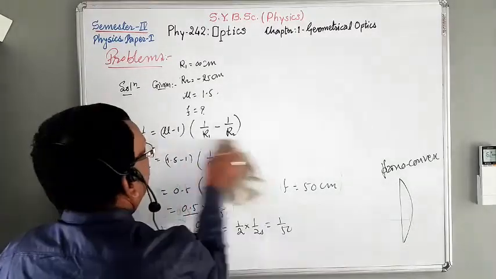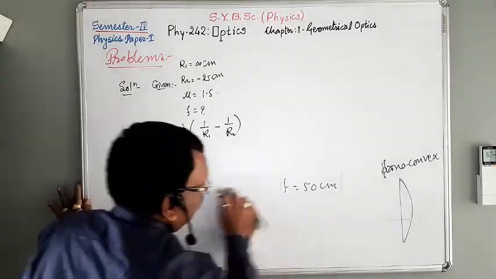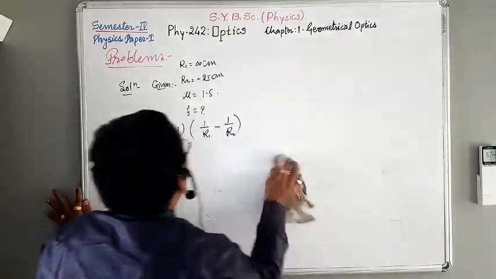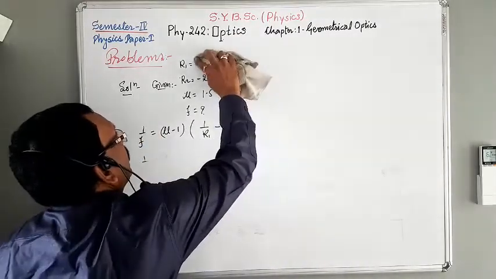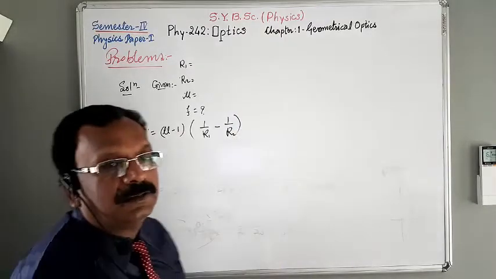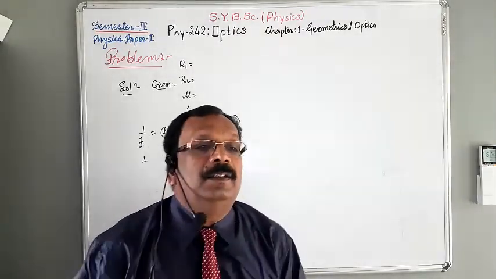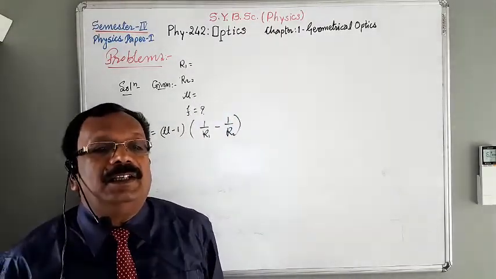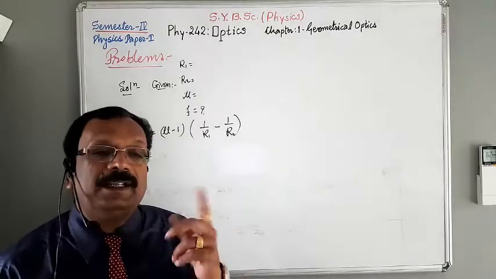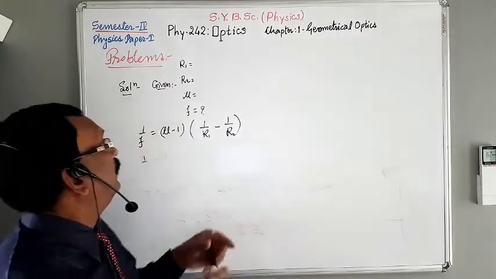Now the next problem. A lens is made up of glass of refractive index 1.5.